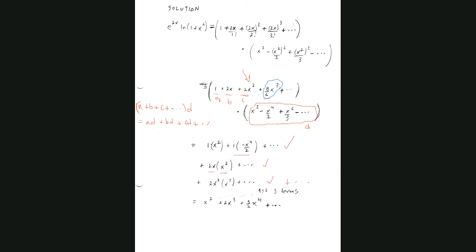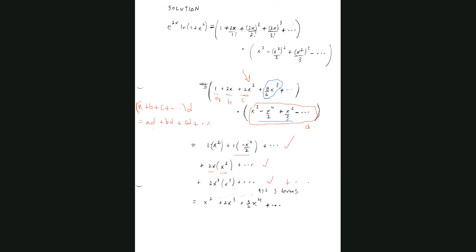There's a reason for that. Let me ask you, if we did take 6x cubed and multiply it by that second series, what would the degree be of the first term?